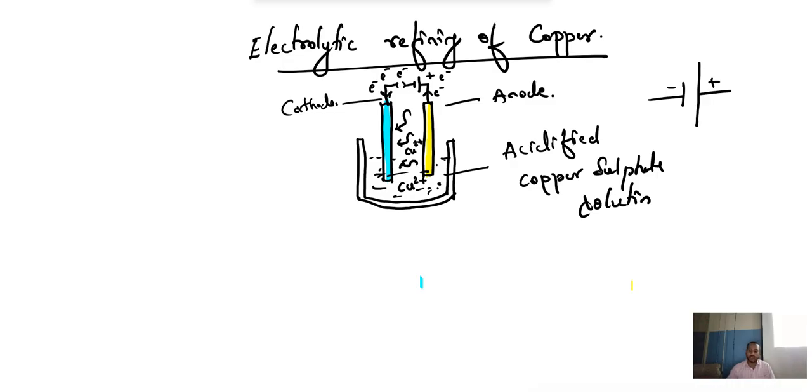In the presence of acidified copper sulfate solution, the impure copper reacts, the sulfate part will be removed and only pure copper will come and deposit at the cathode end. This is how we can extract pure copper by using the process called electrolytic refining.